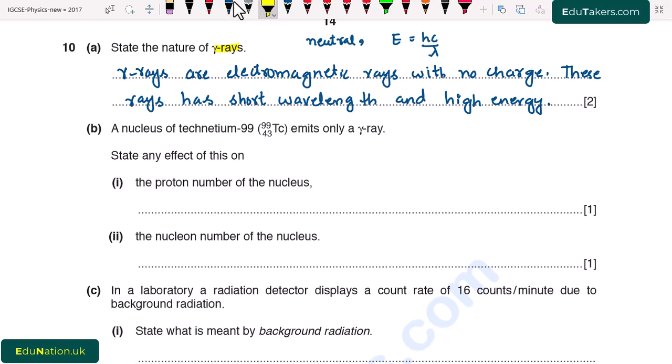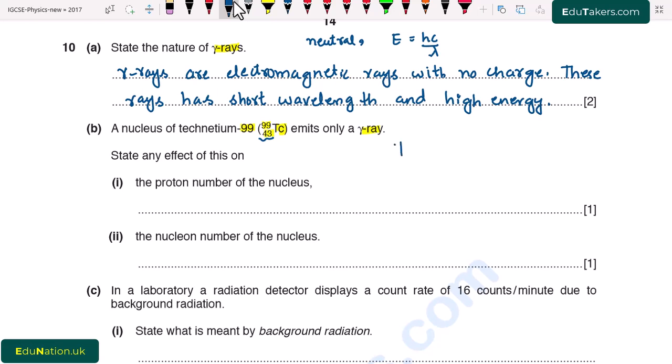Part B. A nucleus of technetium-99, whose symbol is Tc, with atomic number 43 and mass number 99, emits only gamma rays. State any fact of this. Part 1. The proton number of the nucleus. So first of all, the atomic number of Tc is given, which is 43. The number of protons is basically equal to the atomic number.